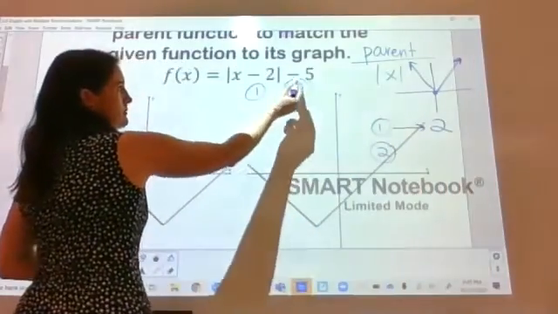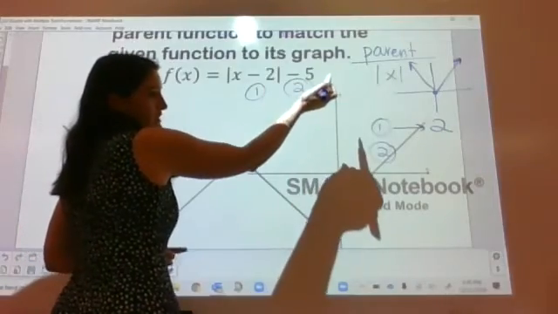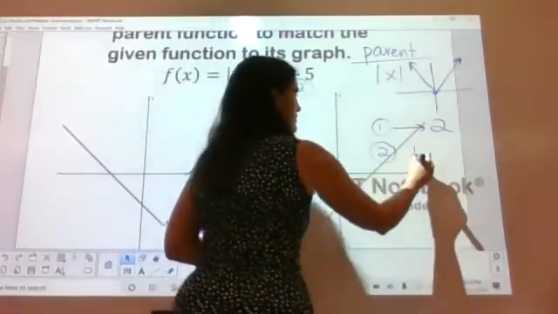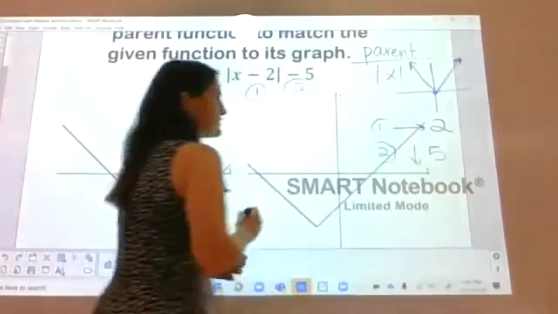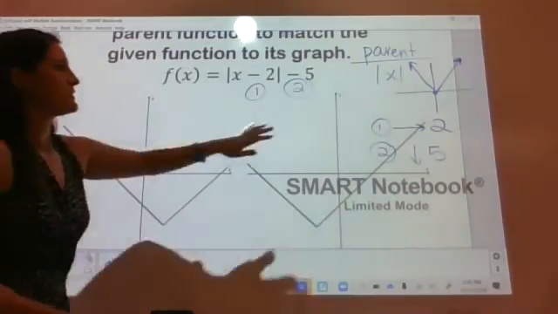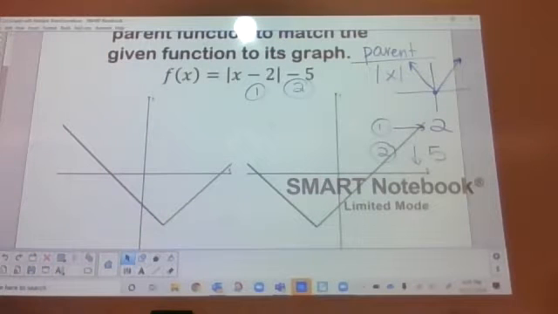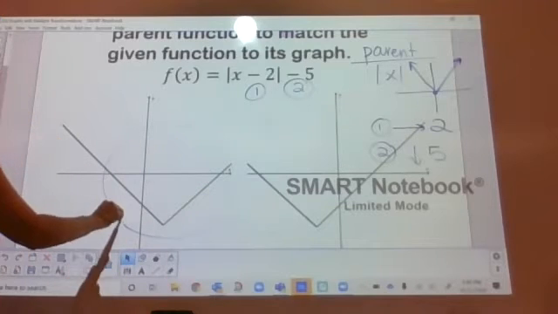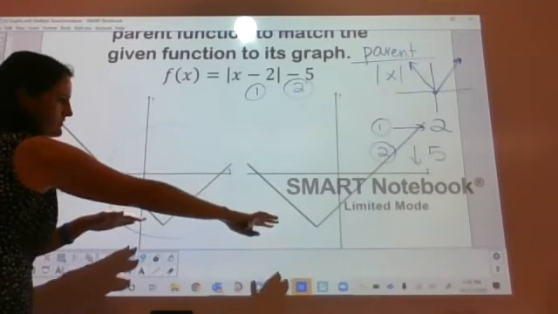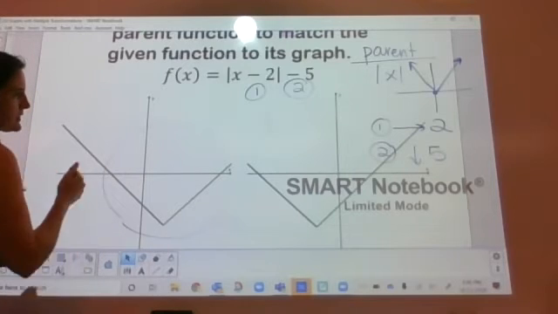And then -5 on the outside, that means down 5. Okay. So which of those shapes took the parent function and went right 2 and down 5? This one, okay? They both actually went down 5. This is the only one that went right 2.